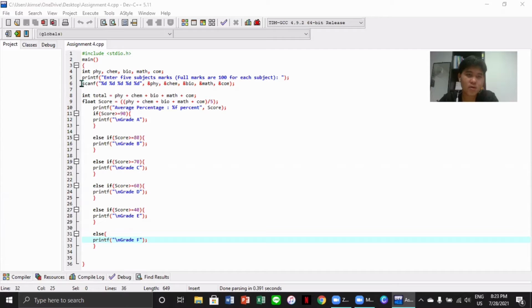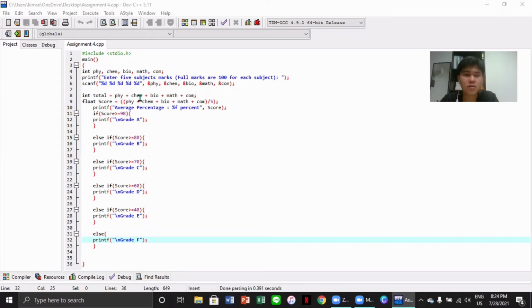And then we use scanf to read the score that we enter. The first is physics, second is chemical, third biology, fourth is mathematics, and the last one is computer.